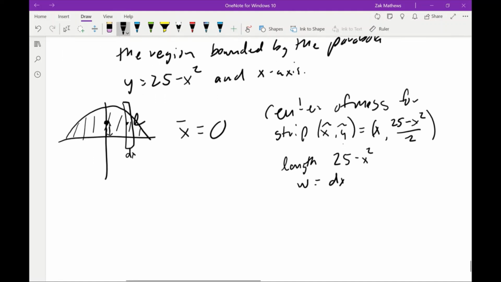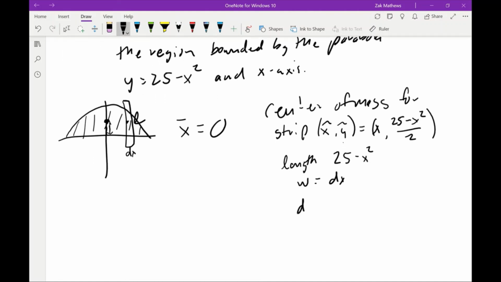And so then if we think about the change in area of that little strip, the dA, that is equal to 25 minus x squared times dx, length times width. The area is equal to length times width. So that little change in area, that little strip, dA is equal to 25 minus x squared dx.